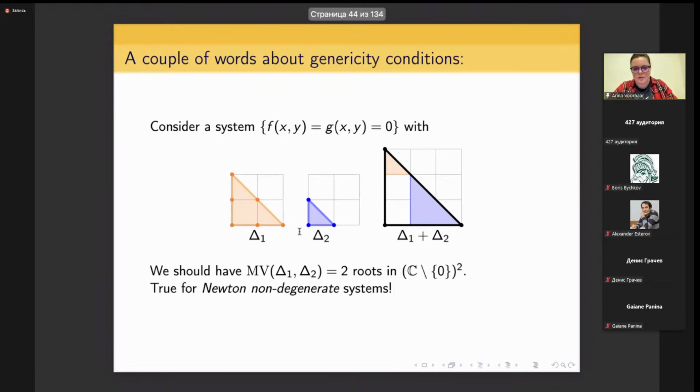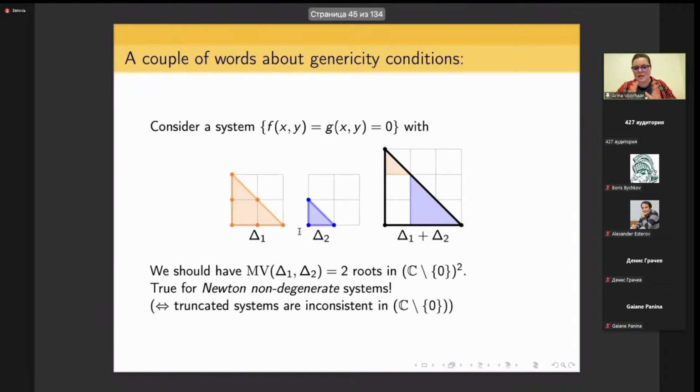Basically, the Bernstein-Kushnirenko theorem, as the theorem that guarantees you a certain number of roots in the torus, is actually true for what we call Newton non-degenerate systems.